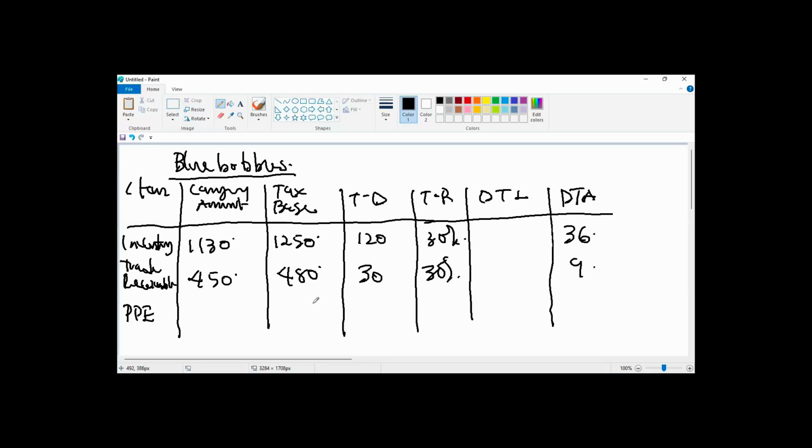Tax base is clear, 2750. What is the carrying amount? 3,200. What do you say?